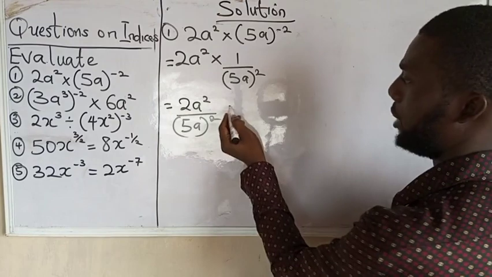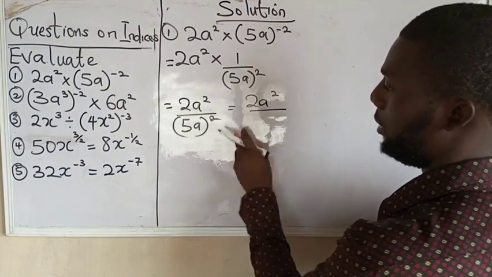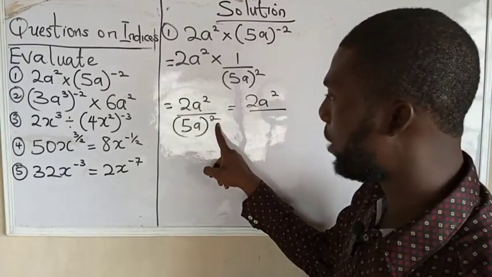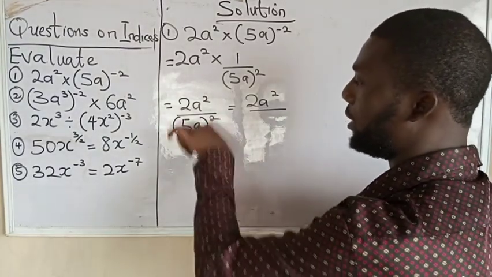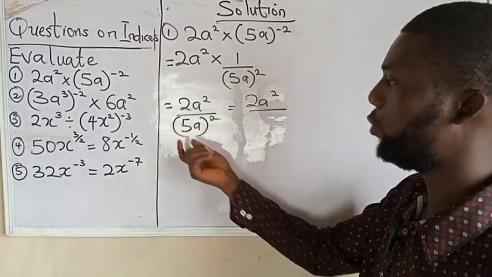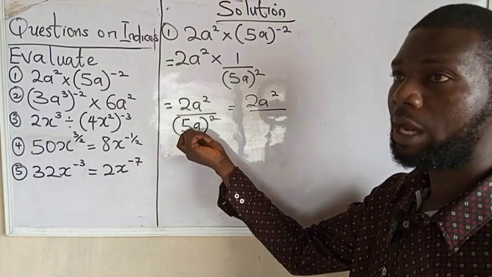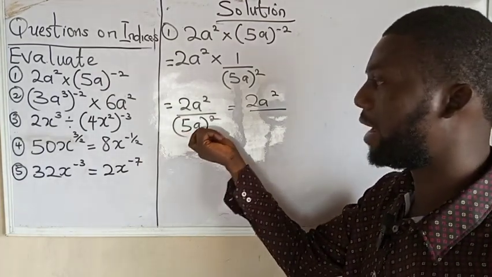So at this stage I can say this is (2a)^2 divided by, let's not forget that the power outside this bracket distributes itself to the elements in this bracket. We have two elements here, 5 and a.